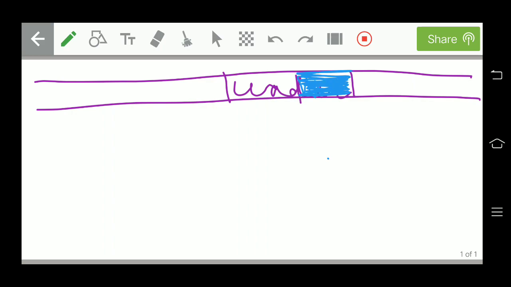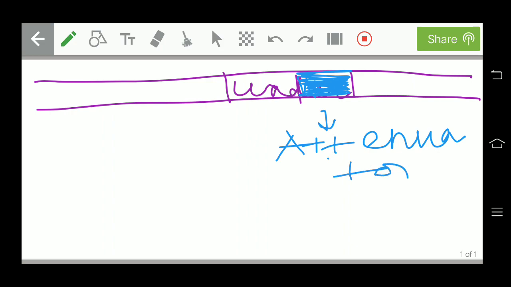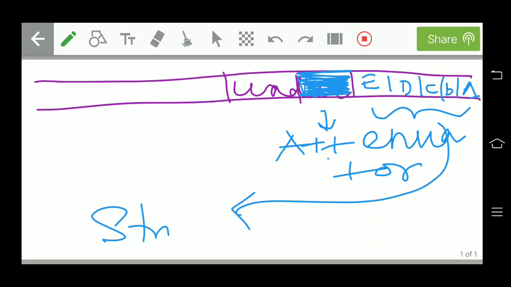The attenuator brings about premature termination of the operon, whereas the other genes, E, D, C, B, and A, are your structural genes, and they synthesize the enzymes responsible for the production of tryptophan.